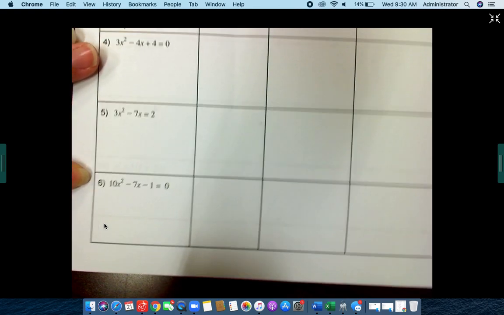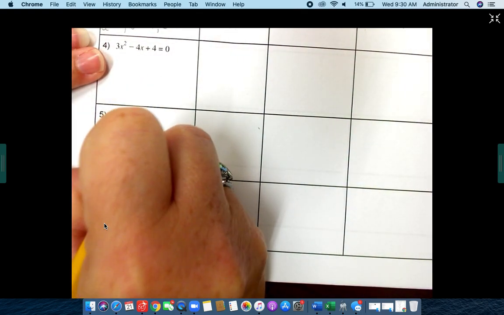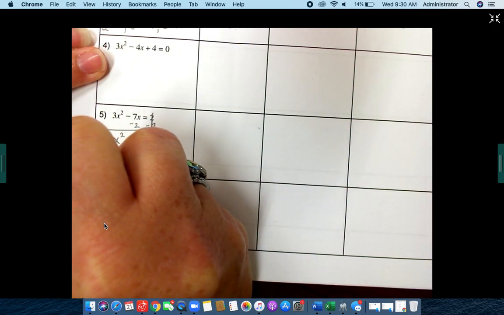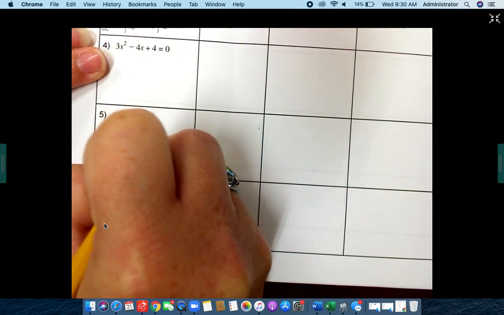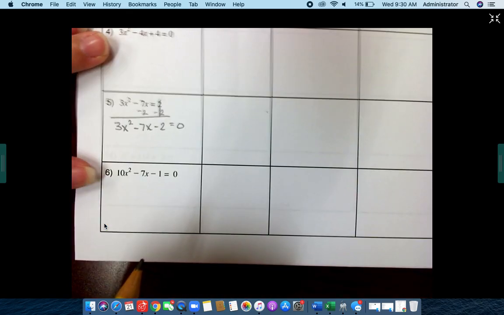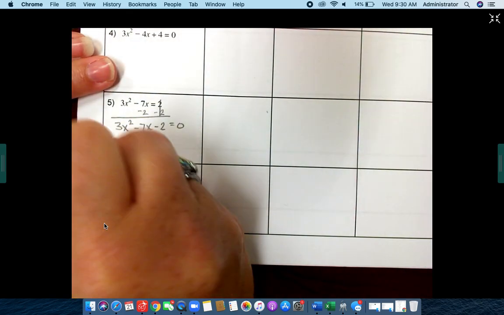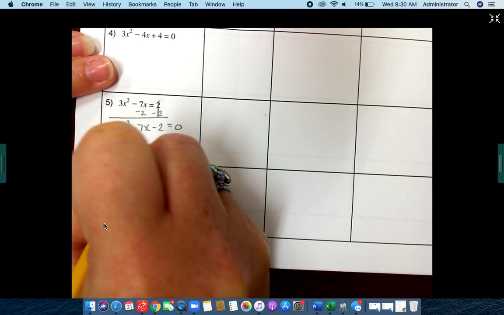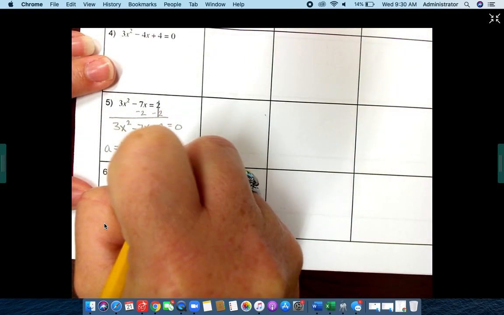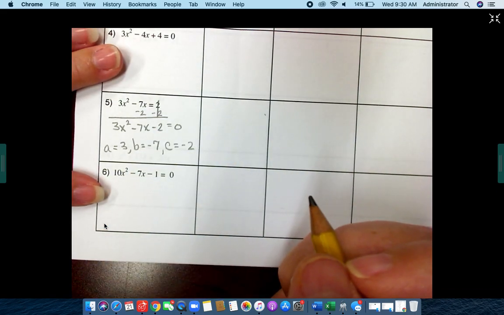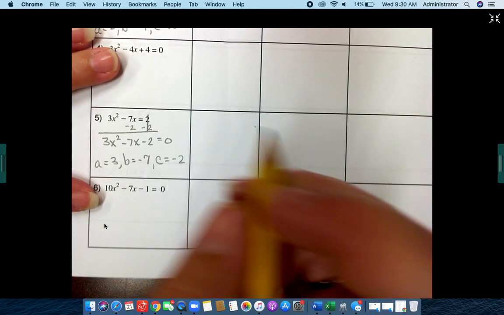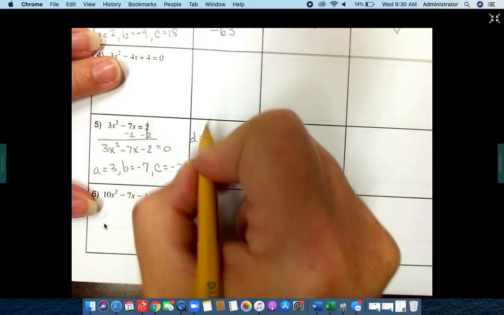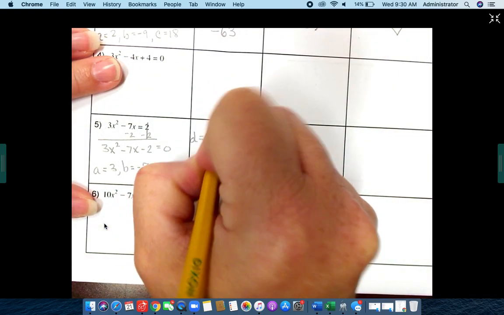Remembering step 1 is to set equal to 0, so we have to subtract 2 from both sides. 3x squared minus 7x minus 2, because there are no other like terms to combine the negative 2 with. My a value is 3, b is negative 7, and c is negative 2. So discriminant next, d equals b squared minus 4ac.